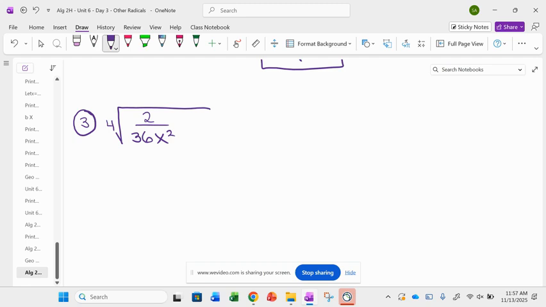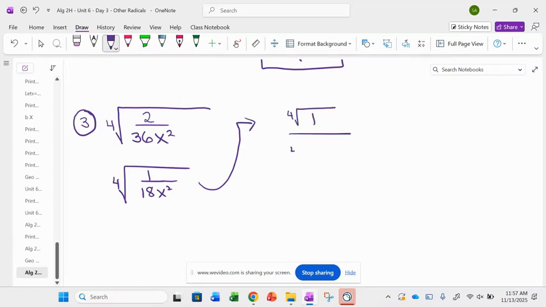Can I reduce that? So we're going to have the fourth root of 1 over 18 x squared. And now I'm going to split this into the fourth root of 1 over the fourth root of 18 x squared. What's the fourth root of 1? 1.